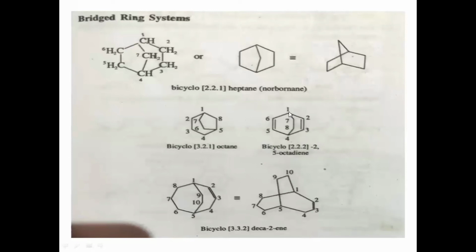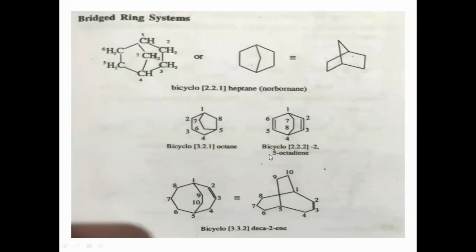So the numbering starts from here, this one is first, then second. Unsaturation or functional groups present have to be given the lowest number. So 1, 2, 3, 4, 5 and 6, and then the last numbers we will give to these bridging carbon atoms, that is 7 and 8.